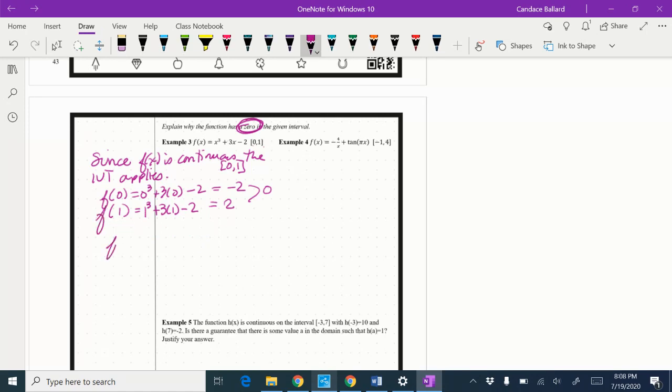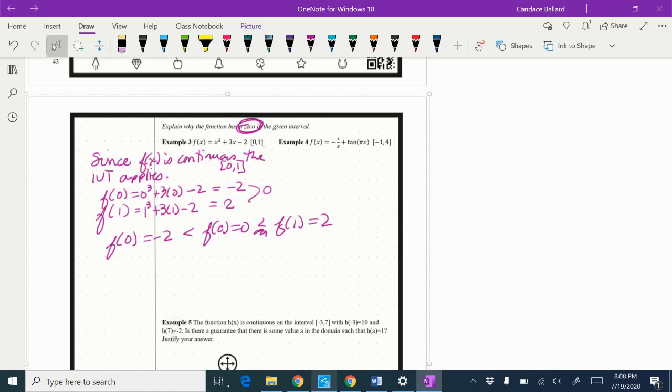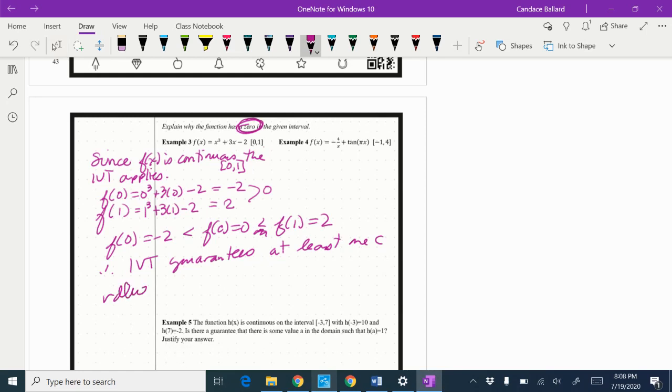Okay, so let's say that f of 0 equals -2 is less than f of c equals 0 is less than, not less than or equal to, f of 1 equals 2. Therefore, IVT guarantees at least one c value such that f of c or x equals 0.